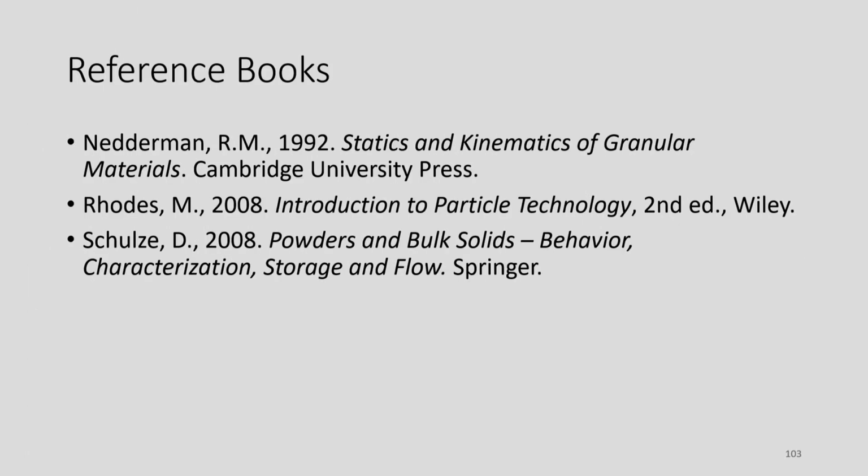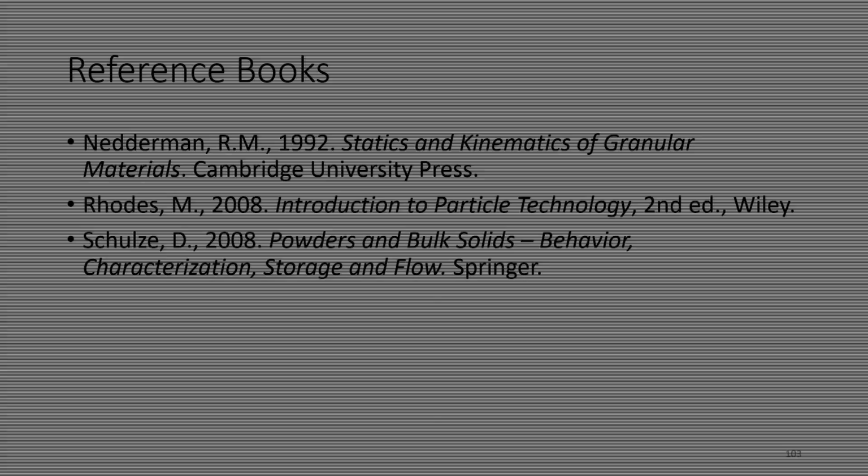Schulze's book, and Schulze and Nedderman's books, are very good if you want to understand more about powder flow. Martin Rhodes' book gives an overall introduction to particle technology, but not much in-depth information. But Nedderman and Schulze give better math and physics behind powder flow. Okay, that's it for this lecture.